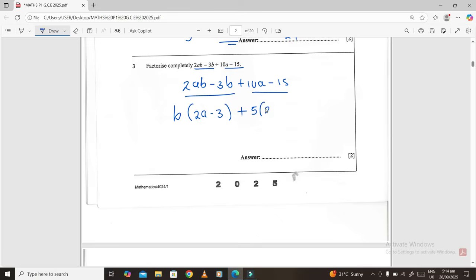So it will give us 2a minus 3. So we now get what is in front of the brackets. So b plus 5, this one and this one. Get one of these, 2a minus 3. So our answer is b plus 5 inside the brackets, 2a minus 3 inside the brackets.